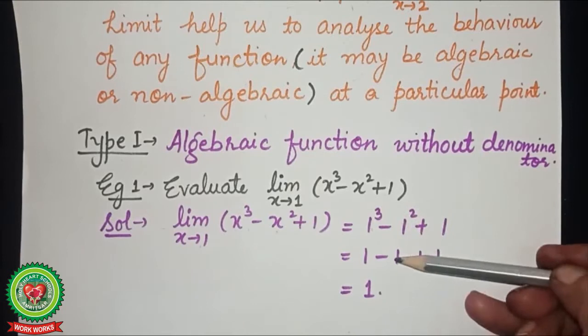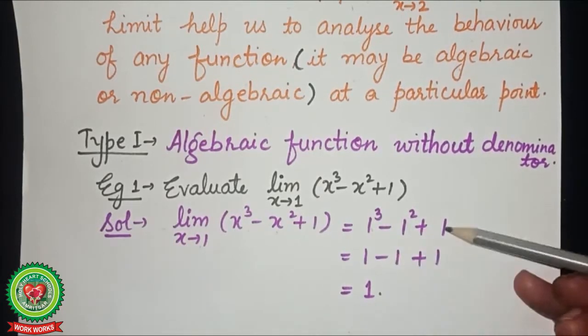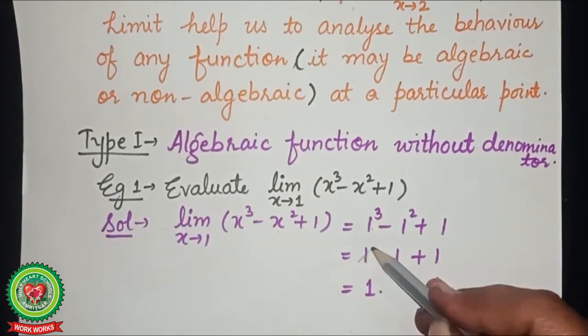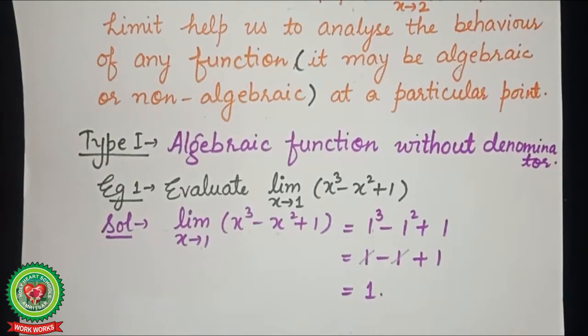On simplifying, it is 1 minus 1 plus 1. Minus 1 and plus 1 will cancel out, so we are left with 1. So limit x approaches 1 of x cube minus x square plus 1 is 1. In this way, we can find the limit.